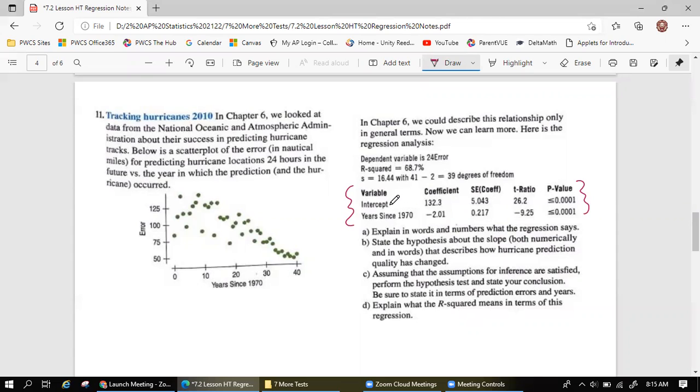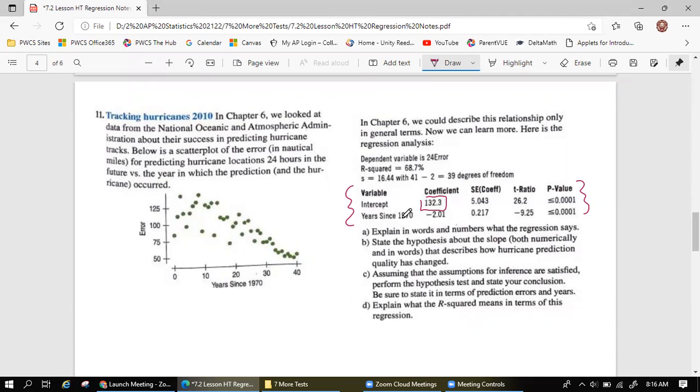We are going to be creating a linear model. So something in the form of y equals mx plus b. And of course, when we do the model in statistics, we put the intercept first. What we did in algebra as b, that came last, we would put our intercept first. And so when we see intercept here, this would be the y-intercept of our linear model.